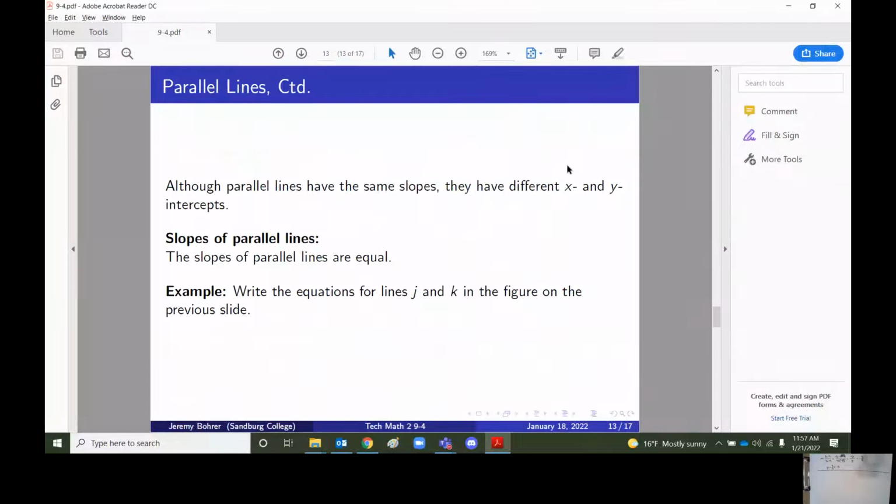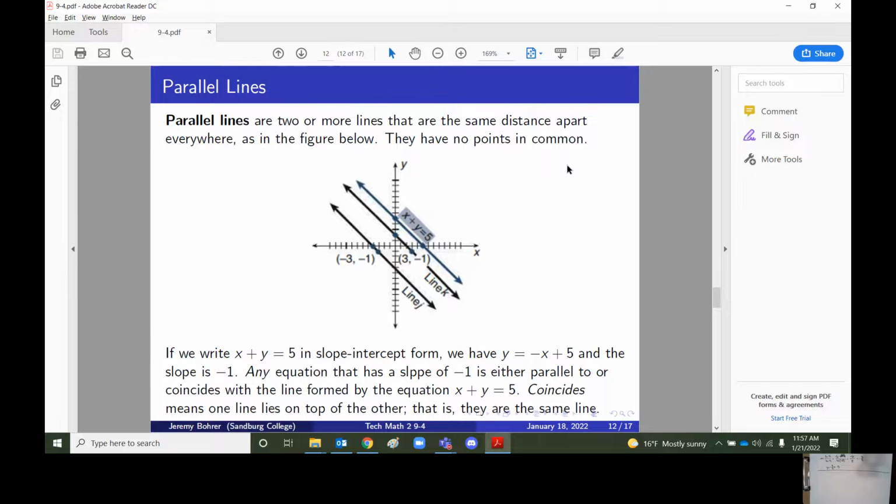Our next example asks us to write equations for lines j and k in the figure on the previous slide. Well, here we have one line, x plus y equals 5, and two other lines, lines j and k, and we have a couple of points through which each of them go.